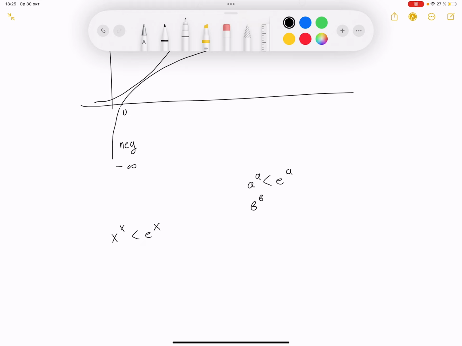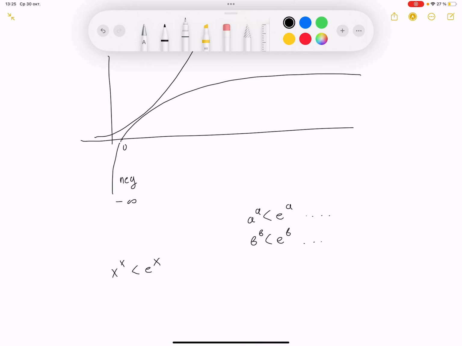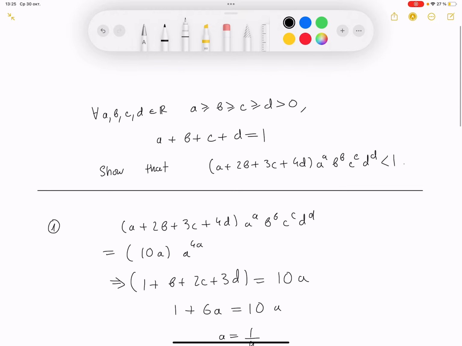Similarly, b to the power of b would be smaller than e to the power of b, and so on and so forth. Similarly, for numbers on the interval from 0 to 1, we'll have that it is smaller than e to the power of minus a minus b, right? But that doesn't matter because in our case, we have clearly stated it is more than 0.